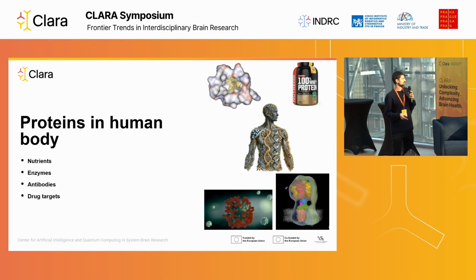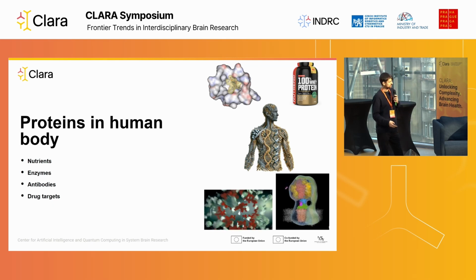For example, there's an important class of proteins called enzymes, which catalyze chemical reactions. So these enzymes can take a molecule as input, perform a chemical reaction on top of it, and output a completely different molecule. And this can play a role in many important processes in nature.